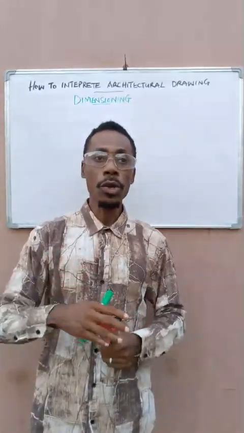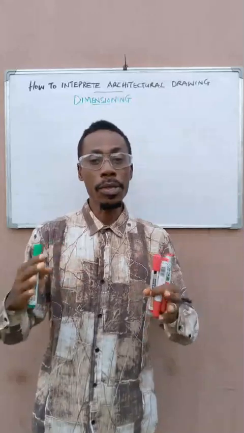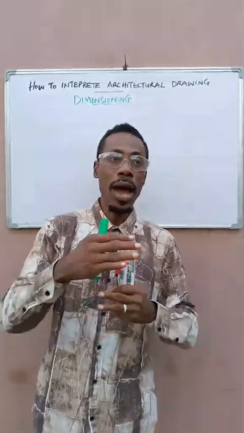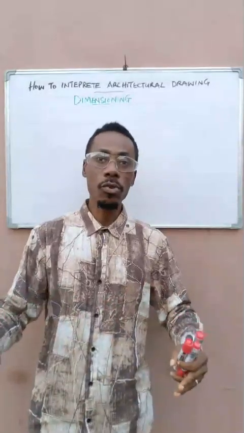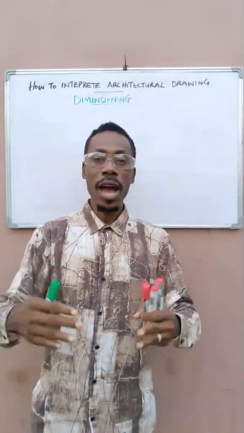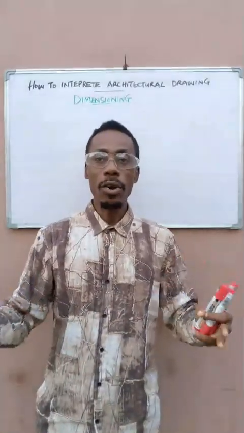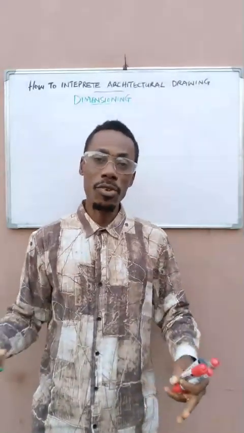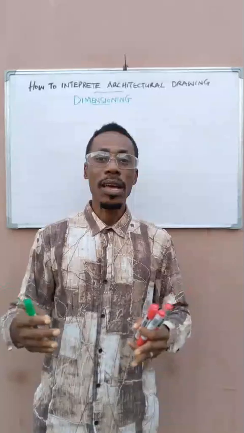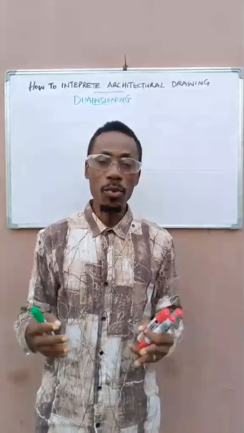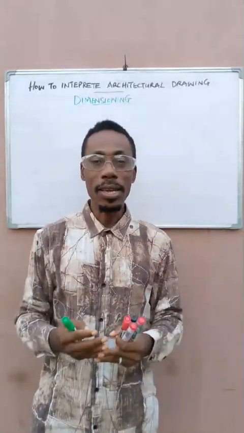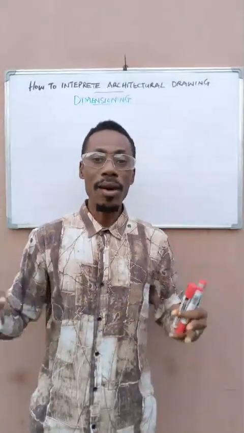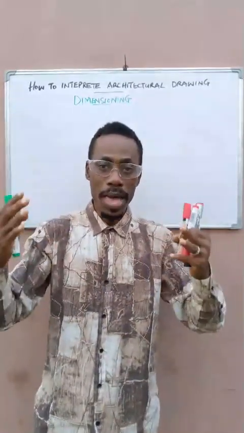A building is made up of several partitions. You have the main lounge, which is your sitting room. You have your bedrooms, you have your dining space, you have your dining hall, you have your kitchen, and so on and so forth. All of this is what makes up the floor plan. Then in a story building, you have other formations up there.